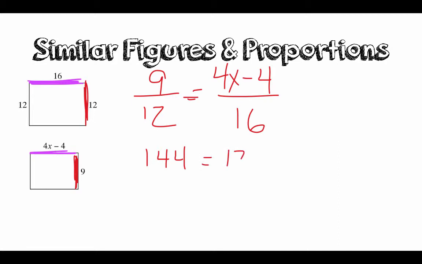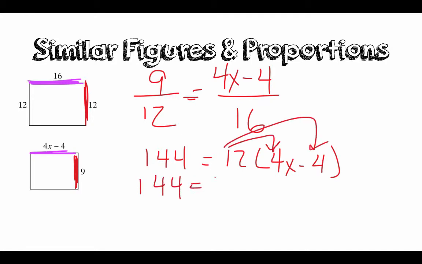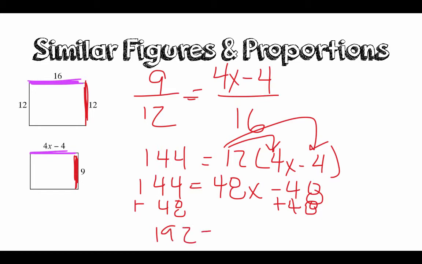And I get 12 times 4x minus 4 here. Distribute that out. 144 equals 48x minus 48. Add 48 to both sides to isolate x. 192 equals 48x. Divide by 48.